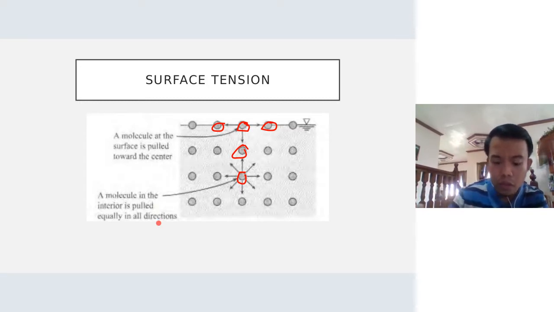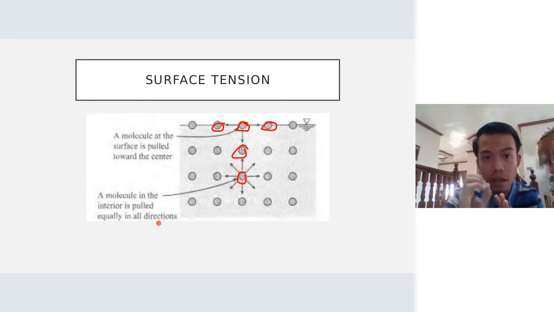Now, this is also the reason why a drop of water draws into a spherical shape. So, basically, inside a spherical drop of water, there is pressure exerted by this cohesive force between the molecules. And that's what we're gonna solve.